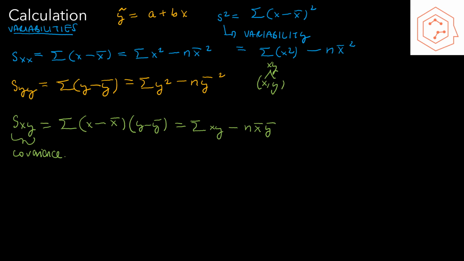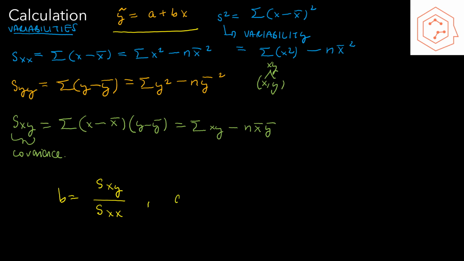Once you have these three values, you can calculate b in this equation for the line of best fit. B is going to equal Sxy, so the covariability, divided by Sxx, so the variability in x, and essentially this is giving us how the two variables change with a change in x, which is why it gives us the slope.